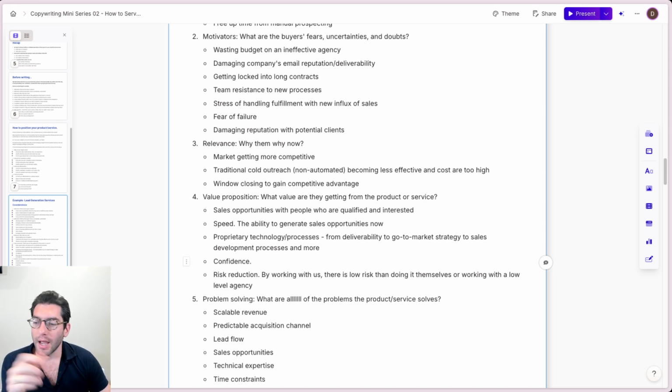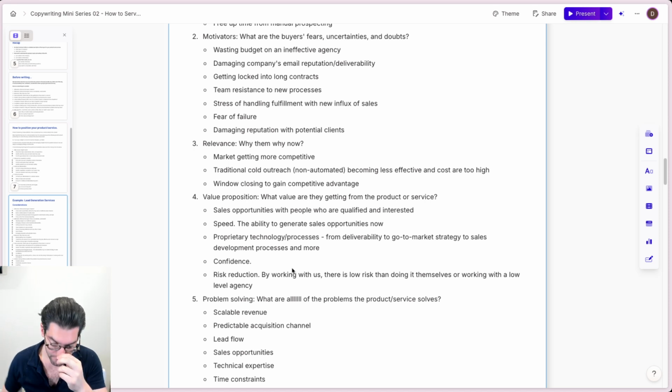Risk reduction. By working with, like, this theoretical lead generation company, you're reducing the risk of doing it yourself. Kind of like I mentioned in the confidence aspect, you can hire an importer to make sure your goods make it through customs and pay more, or you can try to do the importing process yourself and risk your goods getting stuck in customs for 3 months, and whoever you're selling the product to being extremely upset and maybe even cancelling the purchase order.